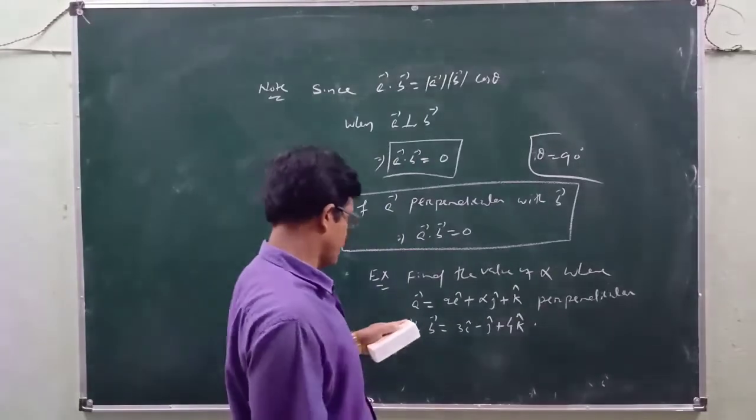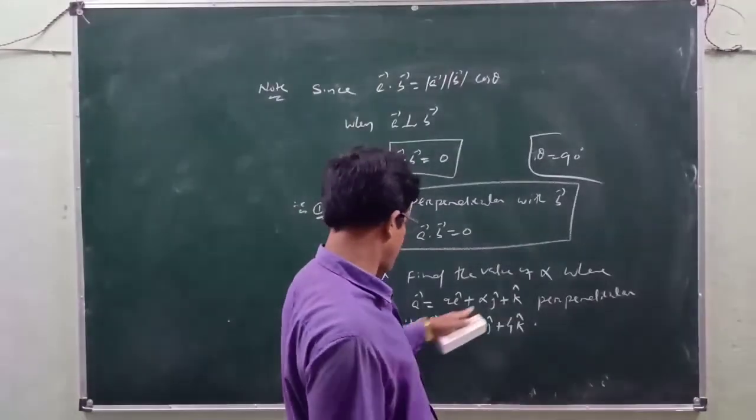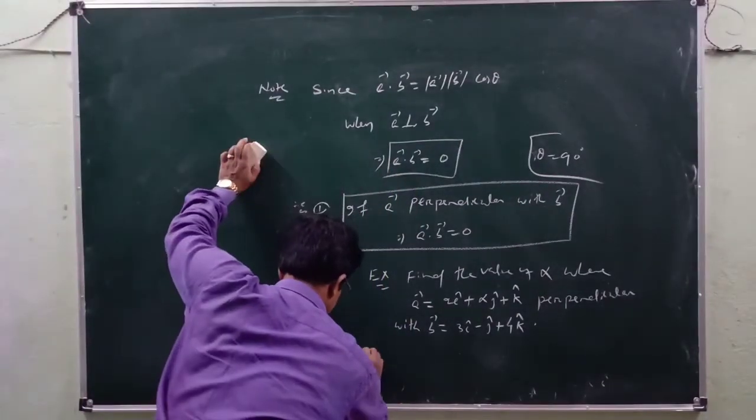That means the question is given, if A and B are perpendicular to each other, then find what is the value of alpha.